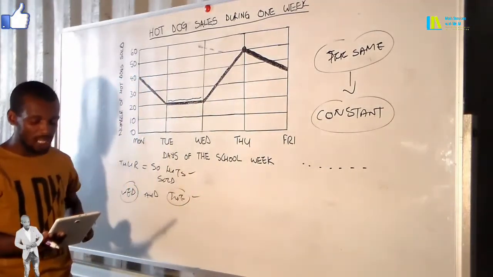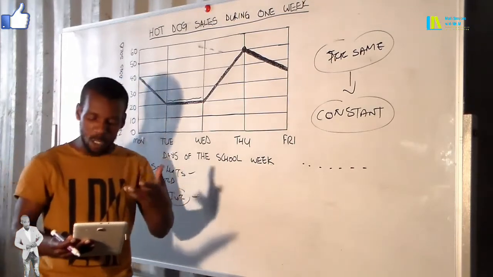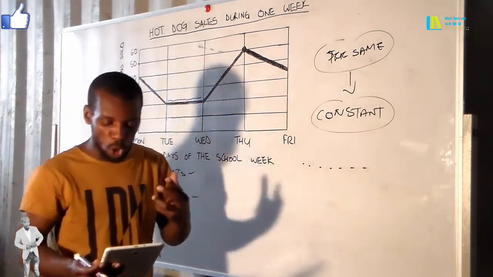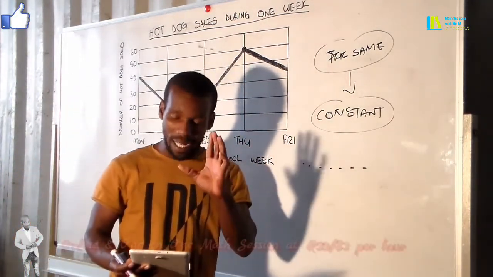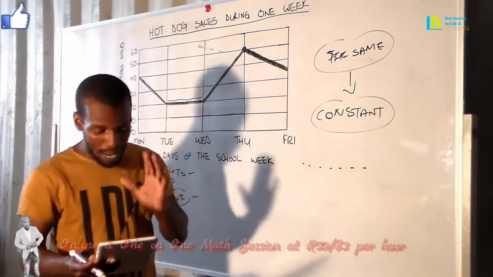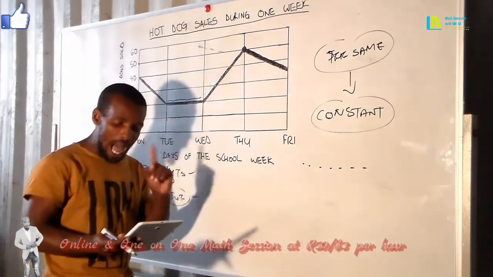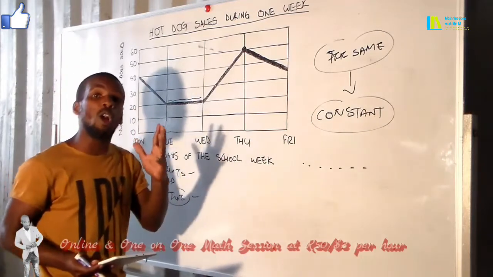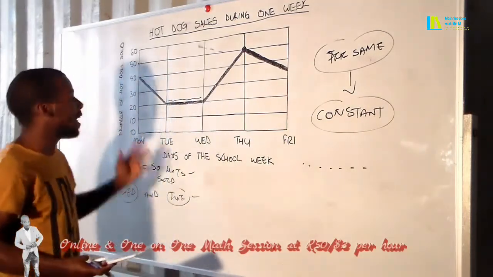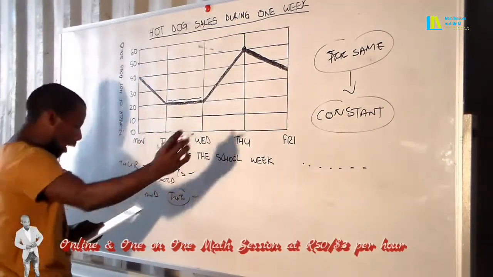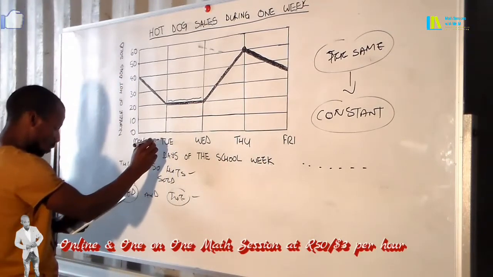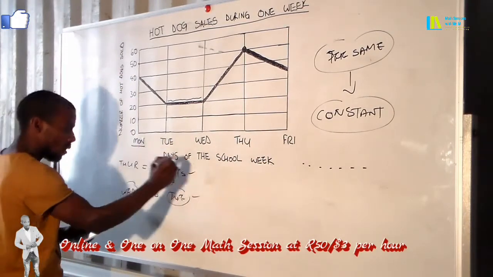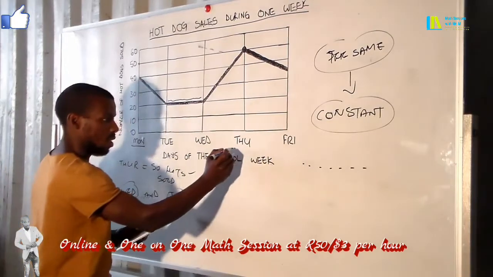Now, the last question they ask us, they say, calculate the difference between the number of hot dogs sold on Monday and Thursday. So we are looking on the side of numbers and the side of days, because we are looking at Monday and we are looking at Thursday.